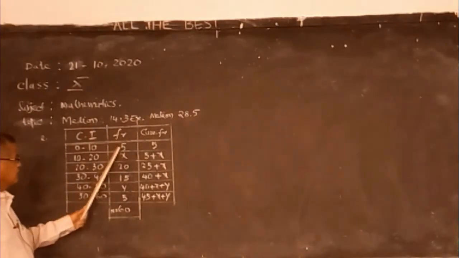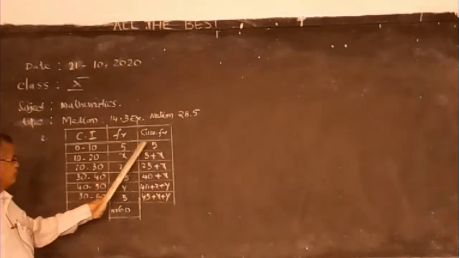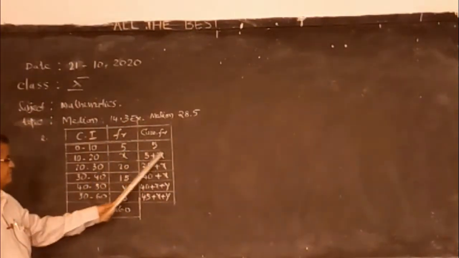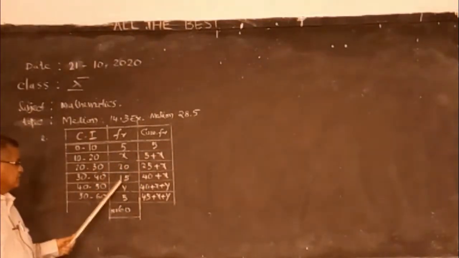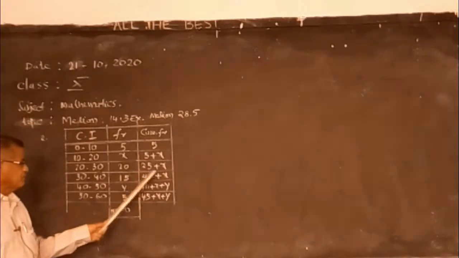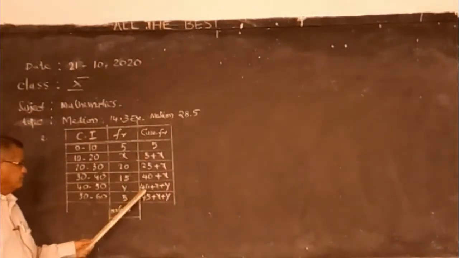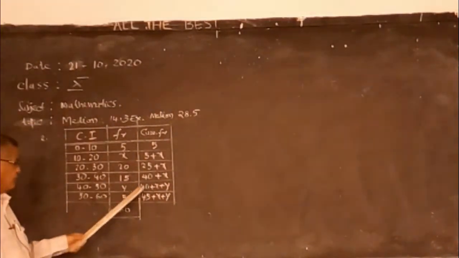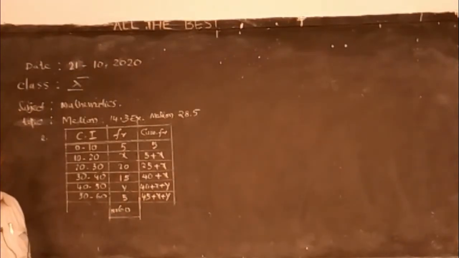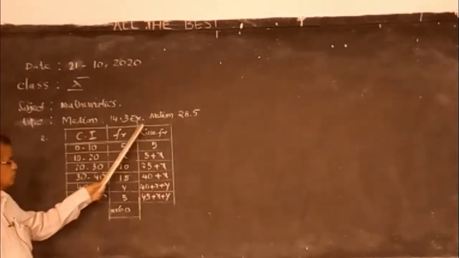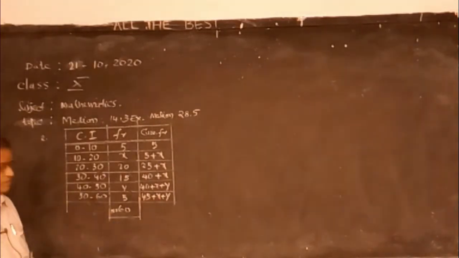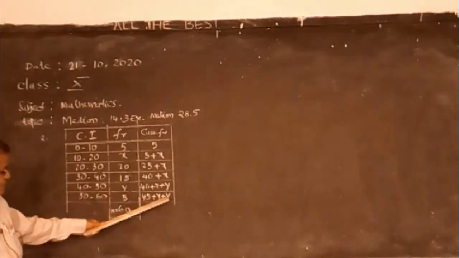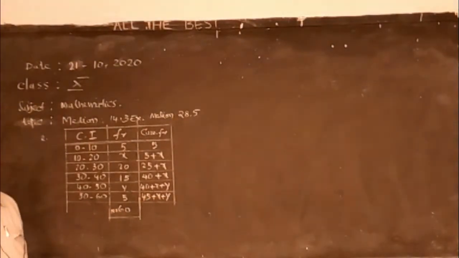First, write as it is: 5, 5 plus x, 5 plus 20 is 25 plus x, 25 plus 15 is 40 plus x, 40 plus x plus y, 45 plus x plus y. So this is cumulative frequency, and the last cumulative frequency is 60.